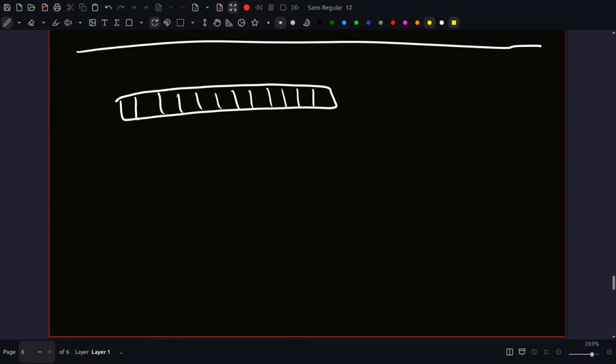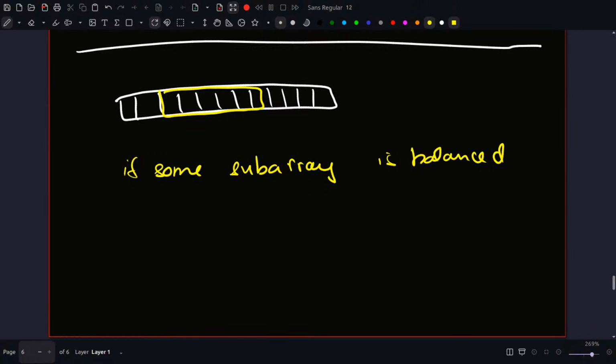Basically, if some subarray, which starts at an L and ends at an R, is balanced, then the number of distinct odd numbers and the number of distinct even numbers in this range should be equal. So distinct odd is equal to distinct even.